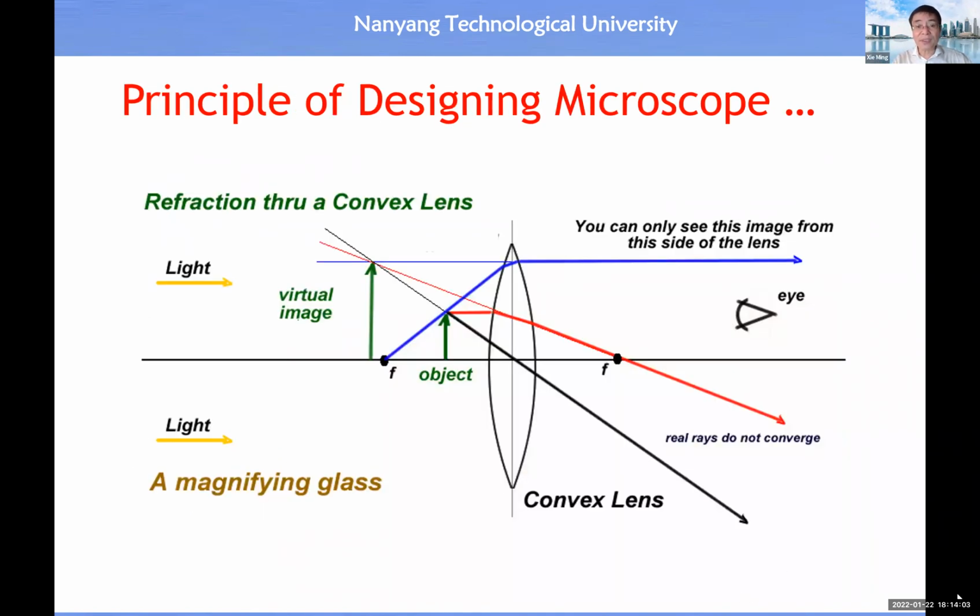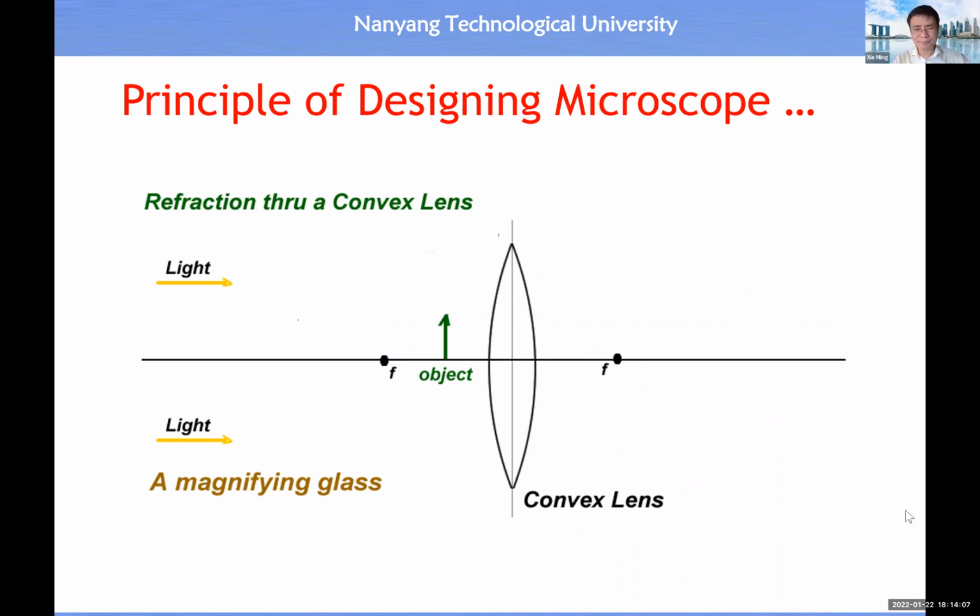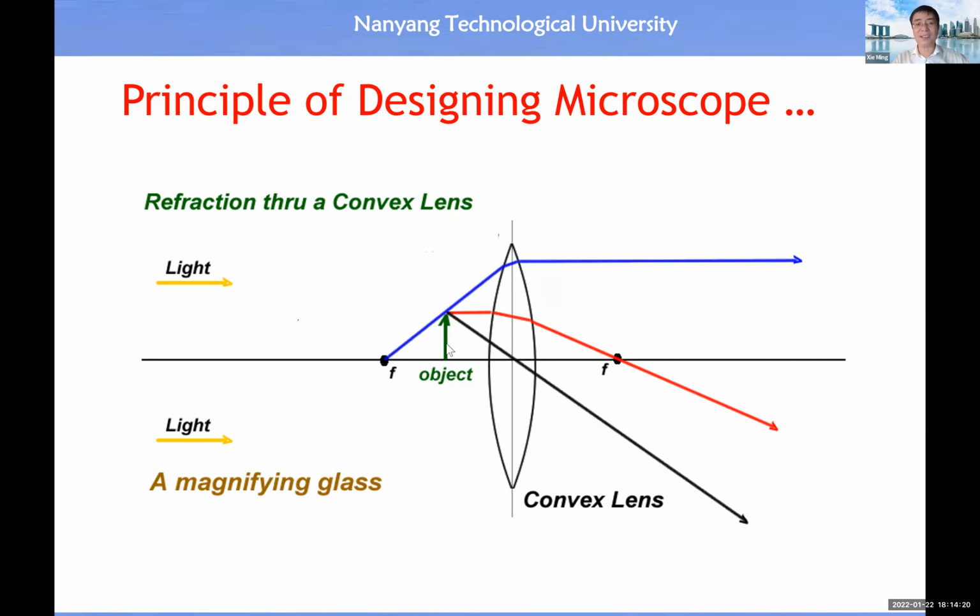Then this animation helps you to understand that. Okay, if there's an eye positioned here, then you will see the interpretation by our eye, which will be the image that is larger than the object.